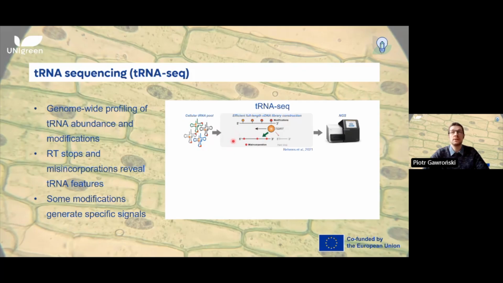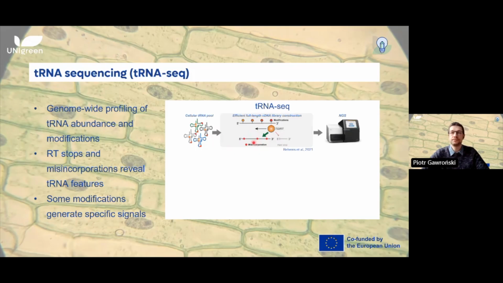This method takes advantage of a highly processive reverse transcriptase, which introduces misincorporations and premature stop signals at the modified nucleotides in the tRNA during cDNA synthesis. As a result, the method enables genome-wide profiling of both tRNA abundance and tRNA modification patterns.